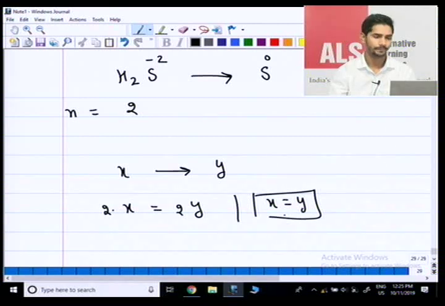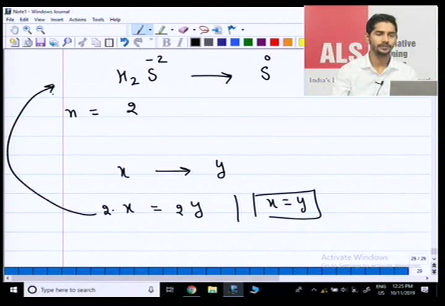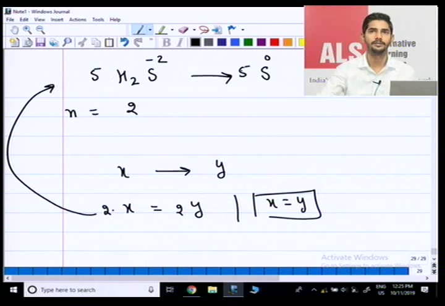Shillong. Okay. Relate this one with this one. I'm writing 1 mole on the left hand side and 1 mole on the right hand side. If I say 5 moles on the left hand side and 5 moles on the right hand side, what will be the net change in the number of atoms of the sulfur?